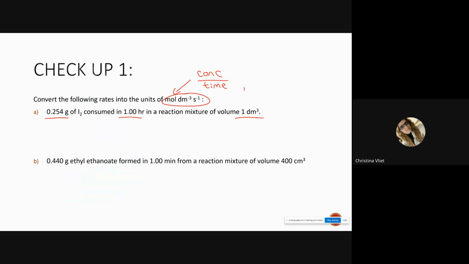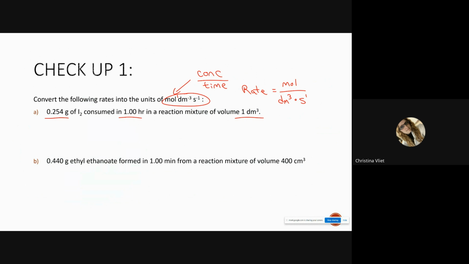The rate has the moles on the top, the dm cubed on the bottom, and the time on the bottom. So you may want to rewrite this out so you understand the math you're going to have to do. Before I can begin, I have to check to see if what I'm provided is in the right units.